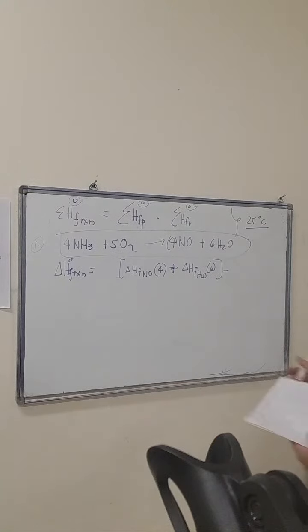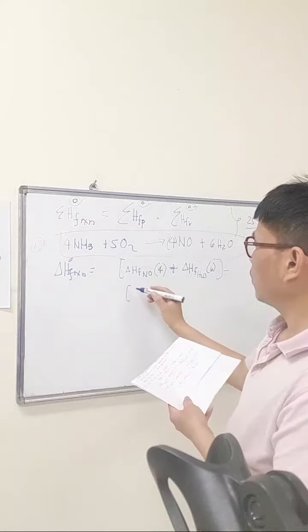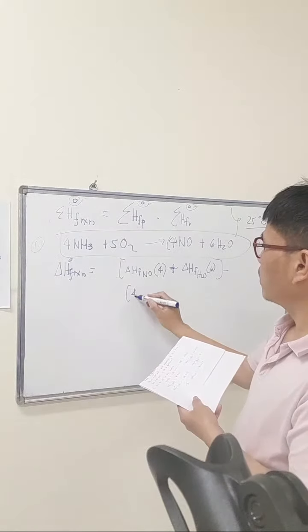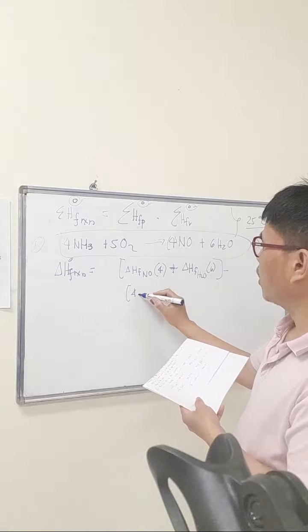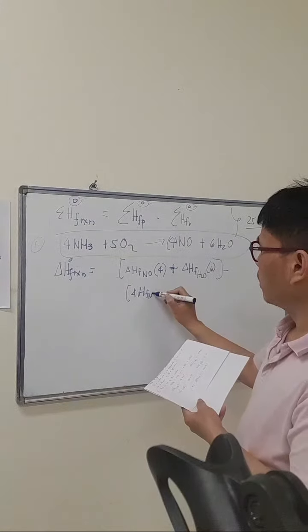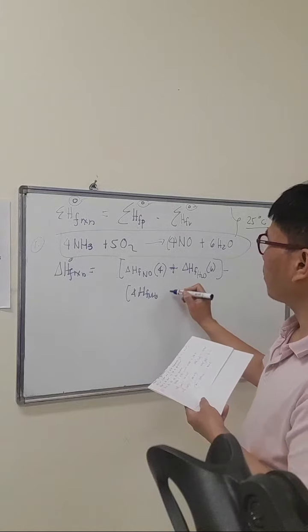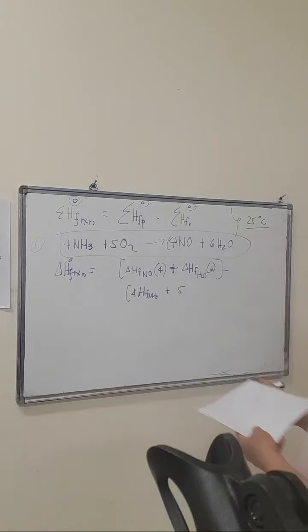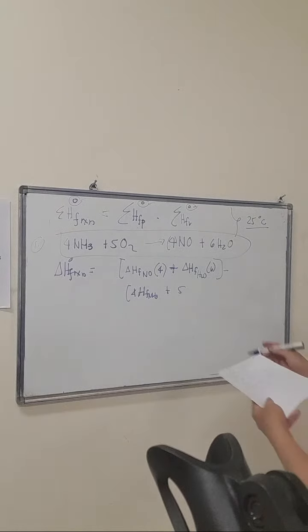Start with ammonia: 4 times the enthalpy change of the formation of ammonia, plus 5 moles times the enthalpy change of the formation of the oxygen gas.